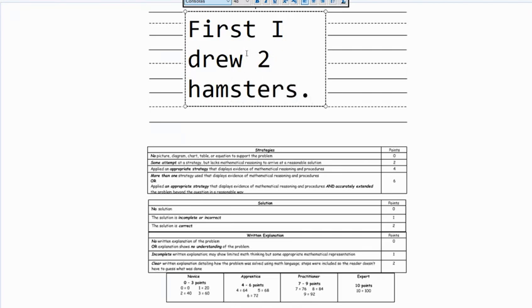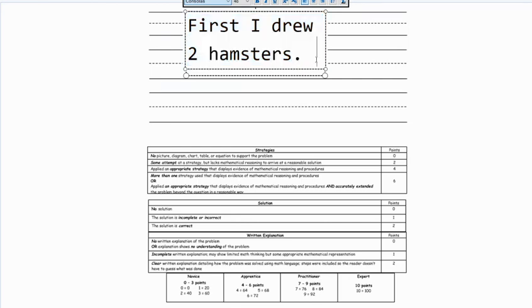Okay. Let's make this a little smaller. There we go. Okay. Then what else did we draw? Do you remember? That's right. If you said treats, that's correct. But how many treats? If you said 3, that's correct.